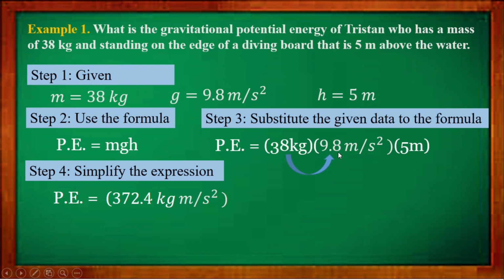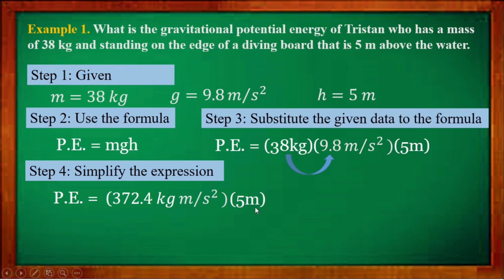38 times 9.8 is 372.4. And let us copy our given units. We have kg, or kilograms, and meters per second squared. Then we just take 5 meters. After multiplying the two, we got the product, and we multiply it by 5 meters.